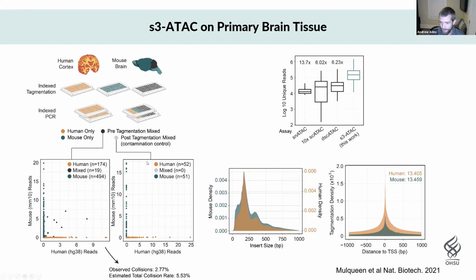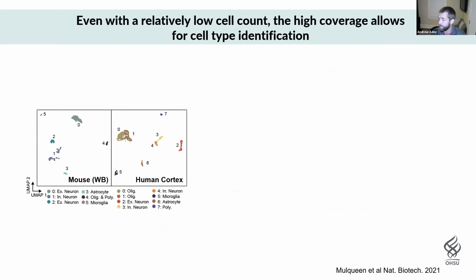But at least in brain, we get really high read counts per cell with a high fraction of reads in peaks. We didn't produce a whole ton of cells because of some aspects of the workflow, having a whole set of 96 indexes versus some advantages we can have with regular combinatorial indexing. But we did get very clean cell type separation, largely due to the high coverage we're obtaining per cell.